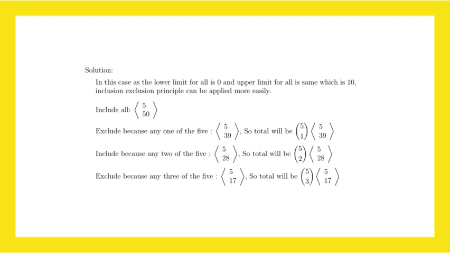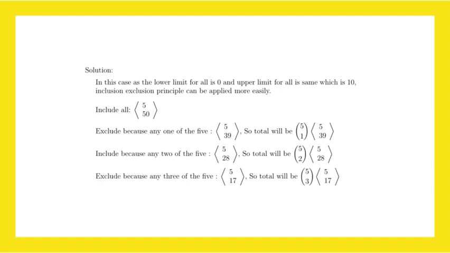And for x2 also exactly same. Therefore if we choose 1 out of 5, we have to exclude 5 choose 39 in 5 choose 1 ways, that means 5 ways, 1 for each variable x1, x2, x3, x4, x5.